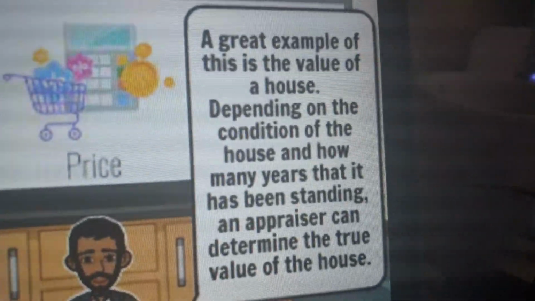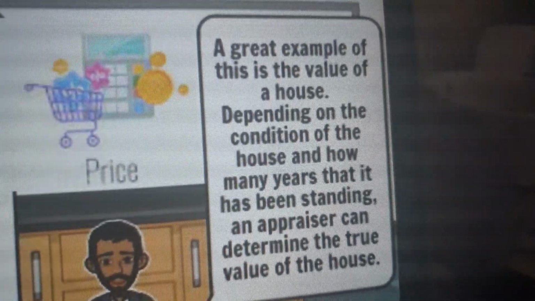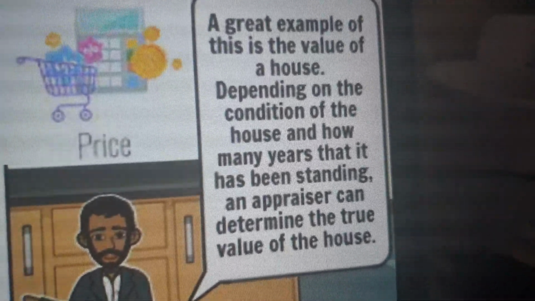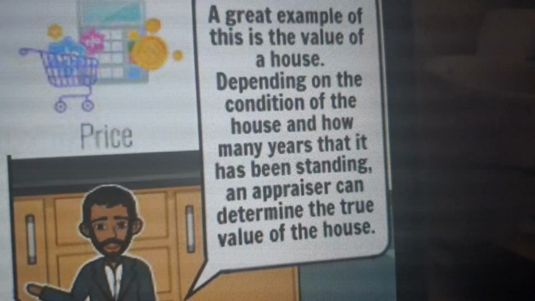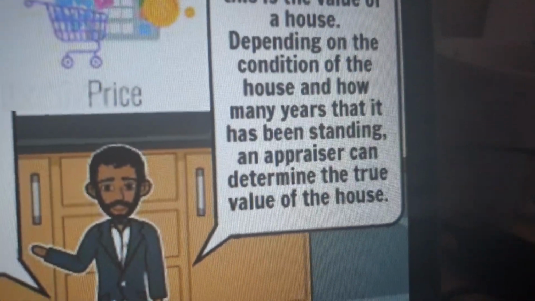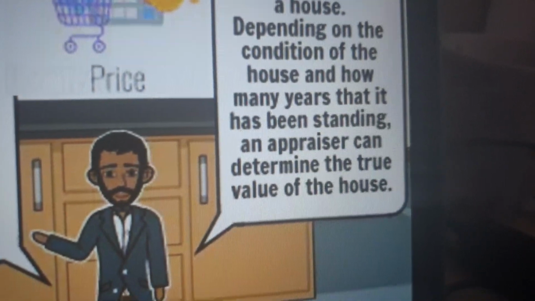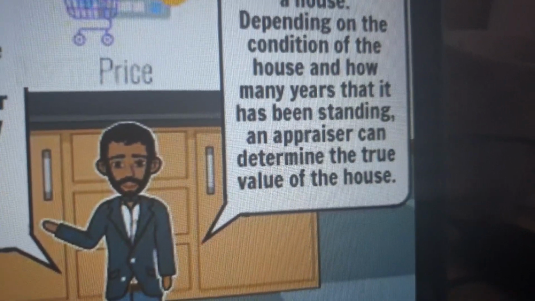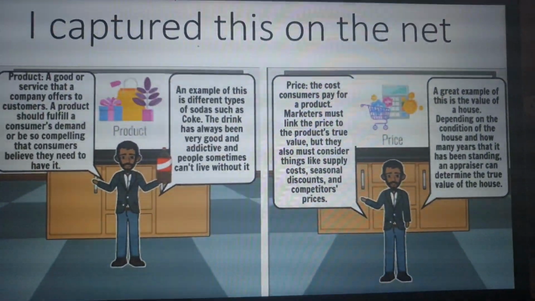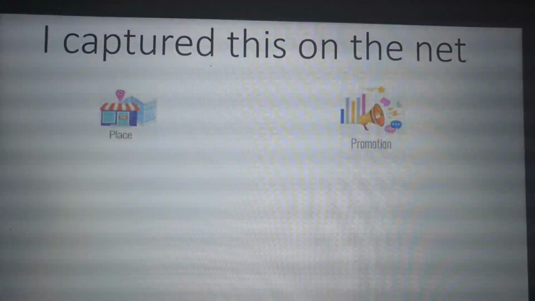A great example of this is the value of a house. Depending on the condition of the house and how many years it has been standing, an appraiser can determine the true value of the house. So, those are two of the P's.